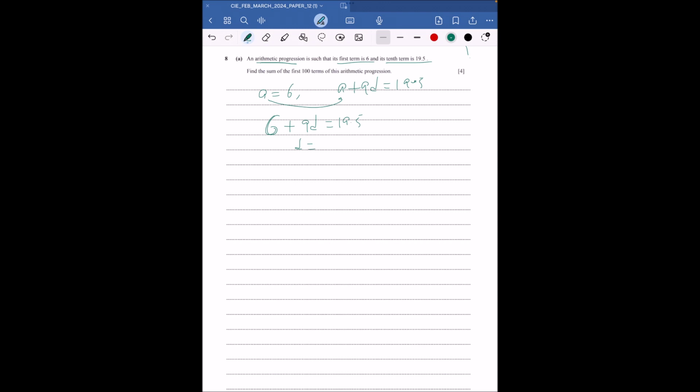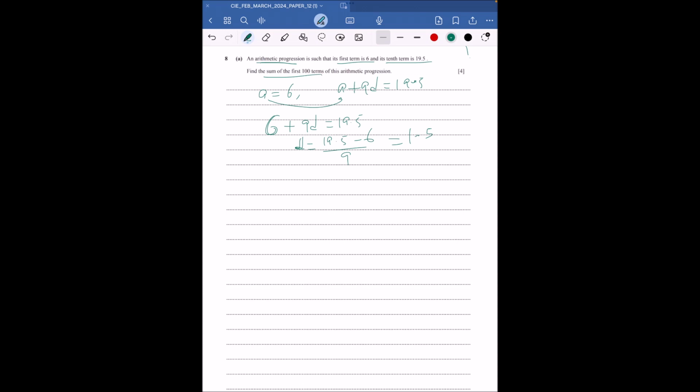So d will be 19.5 minus 6 over 9. Just use my calculator: 19.5 minus 6 divided by 9. So that's 3 over 2, or 1.5.